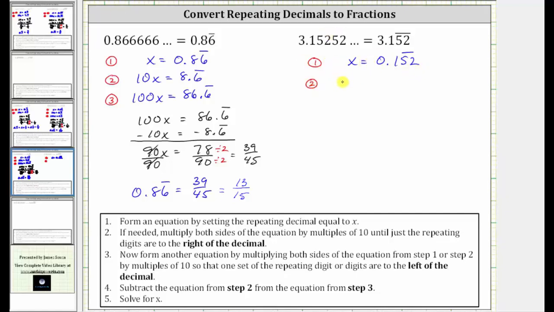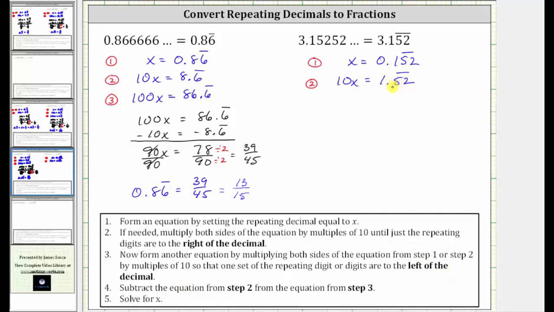10 times x is 10x, and 10 times 0.152 with the 5 and 2 repeating is equal to 1.52 with the 5 and 2 repeating. Notice how just the repeating digits are now to the right of the decimal. Step 3, we now form another equation by multiplying both sides of the equation from step 1 or 2 by multiples of 10, so that one set of the repeating digit or digits are now to the left of the decimal, which means now we want a decimal where we have a 5 and 2 to the left of the decimal.